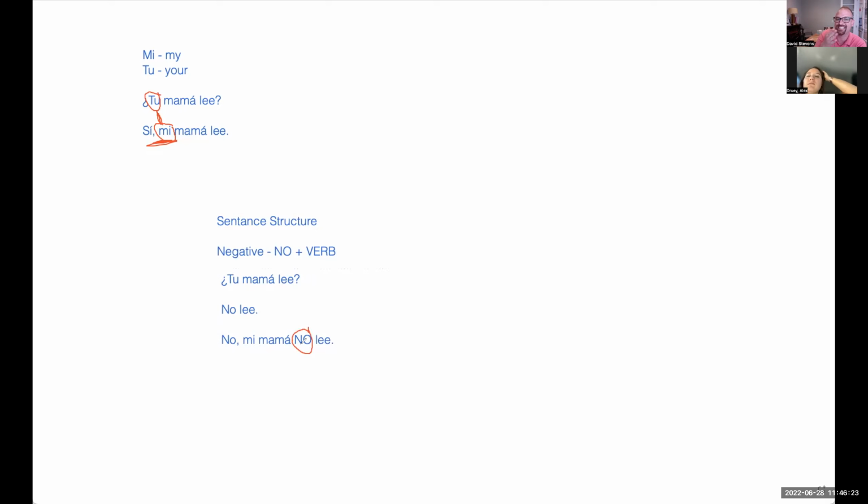The first one is the simple negation, because conversationally, we don't need grammar to give a perfect answer to exchange the idea. Does your mom read? I could just say no. And that's the simple no. That's the first no that we have here. This one that comes before the verb is like, in English, how we would say does not.